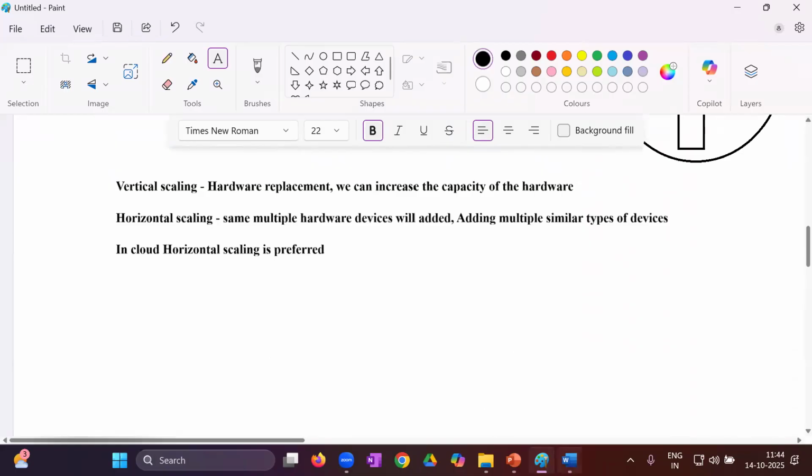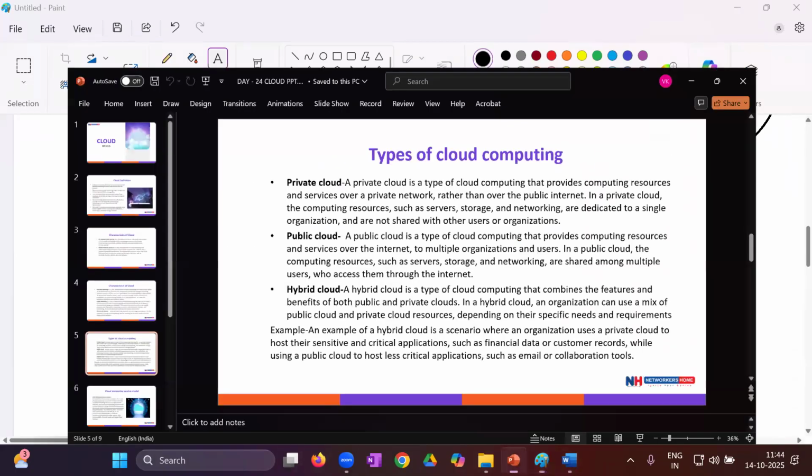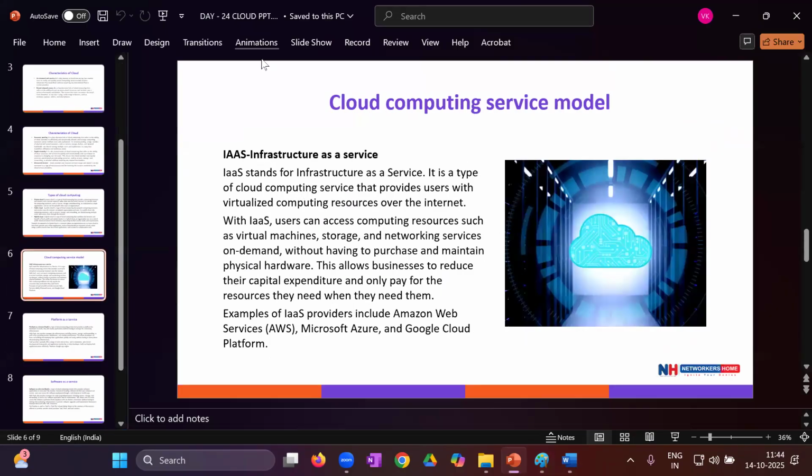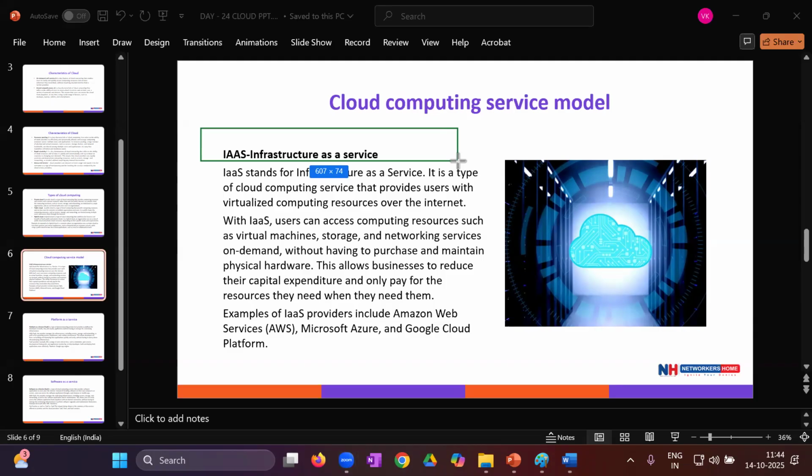Then we have different services also under this cloud. It is based on infrastructure as a service. What do you mean by infrastructure as a service? It provides you infrastructure for accessing everything, like hosting virtual machines, storage, networking services.